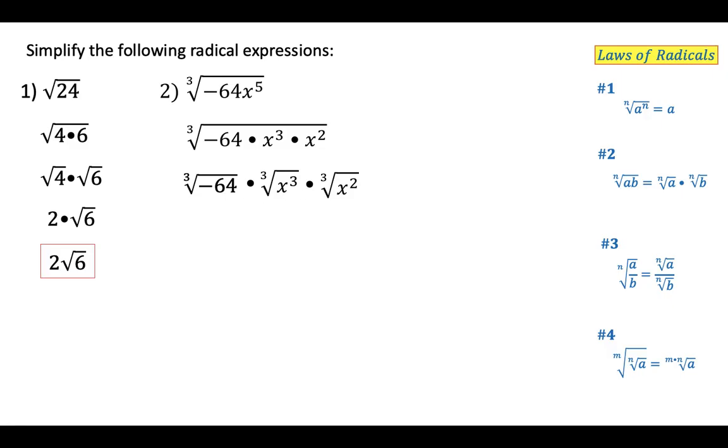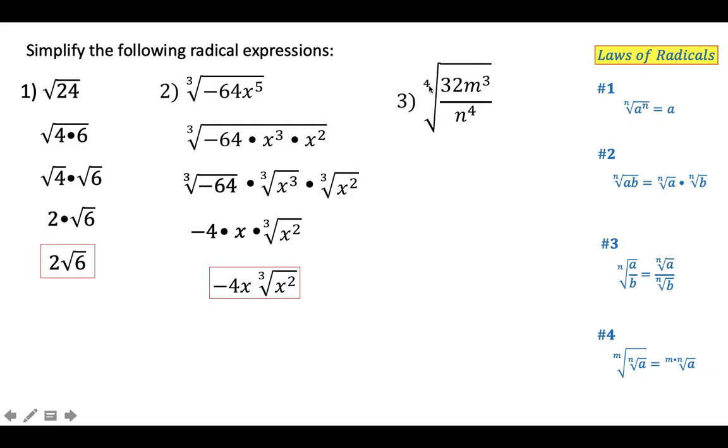Since the cube root of negative 64 is negative 4, and the cube root of x cubed is x, applying the law of radicals number 1: if the index and the exponent are the same, the radicand itself is the answer. So that's the reason why we expanded them. So that is times x. Then since the cube root of x squared cannot be simplified anymore, just write it down. And this will be our answer, negative 4x times the cube root of x squared.